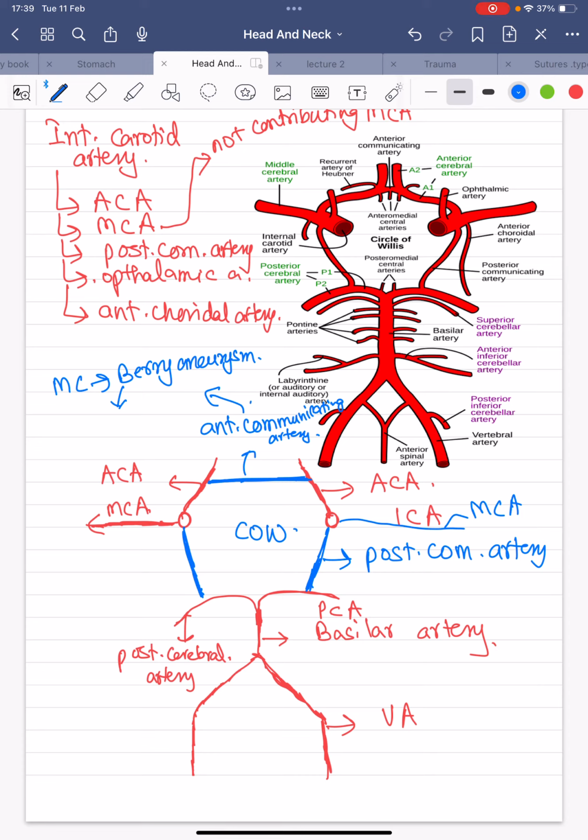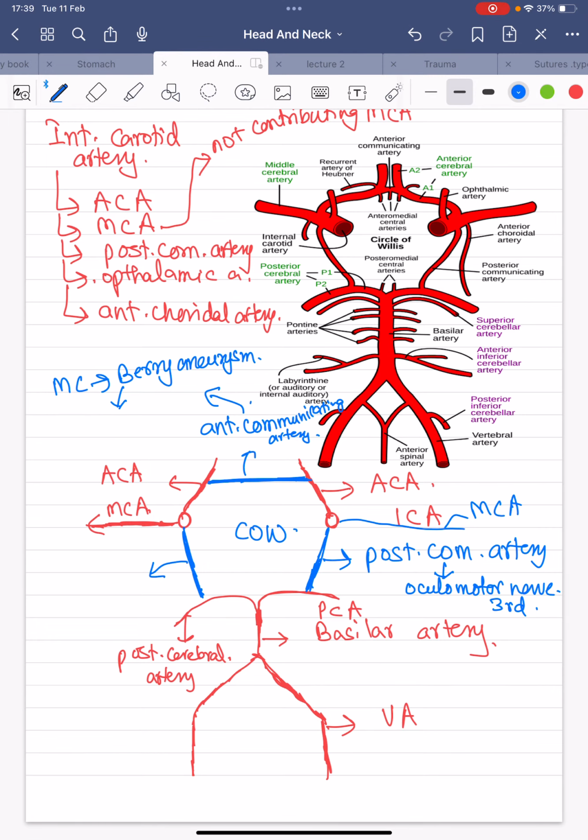Most commonly it is the anterior communicating artery. Sometimes it can be seen in the posterior communicating artery also. When a berry aneurysm is in relation to the posterior communicating artery, it can lead to damage or compression of the third cranial nerve, that is the oculomotor nerve. So the oculomotor nerve can be damaged here.